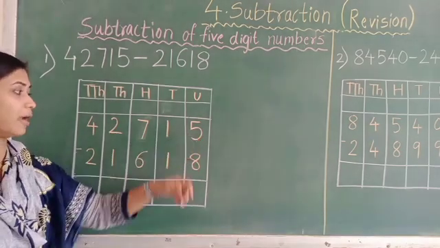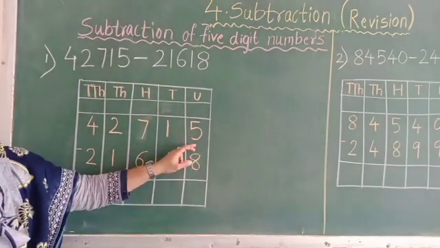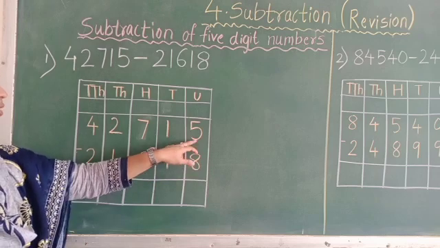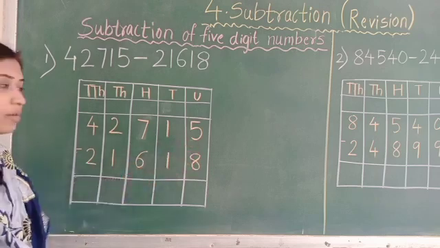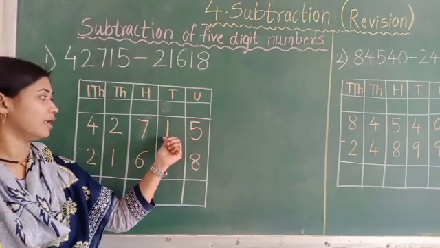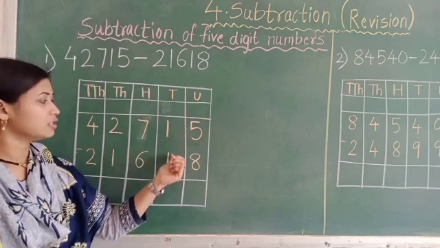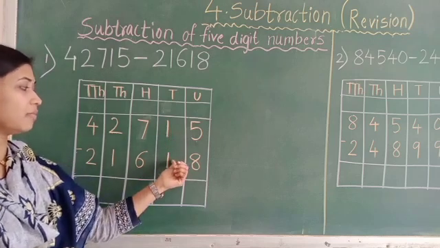Now we will subtract. Can we subtract 8 from 5? We cannot subtract 8 from 5 because 5 is the smaller number. So what will we take? We will take 1/10 from the next number. But the other number is also, it is equal to the number below.